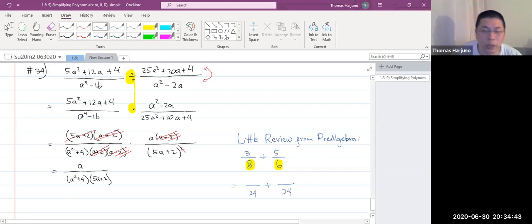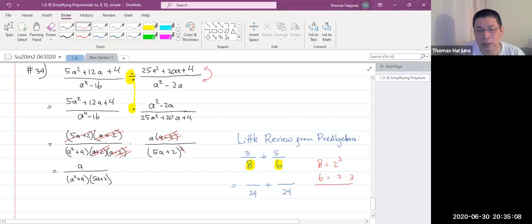Okay, now we get that 24 because we are pretty good with numbers. But what happens if we have expressions? We need to borrow some more fundamental technique we used in pre-algebra. This 8 can be written as 2 cubed, and 6 can be written as 2 times 3.